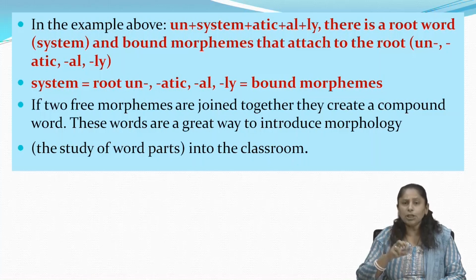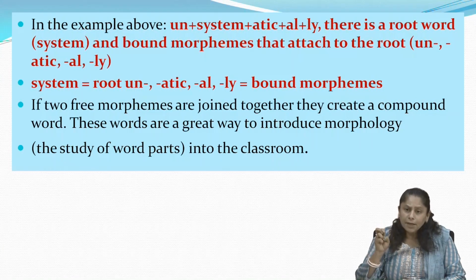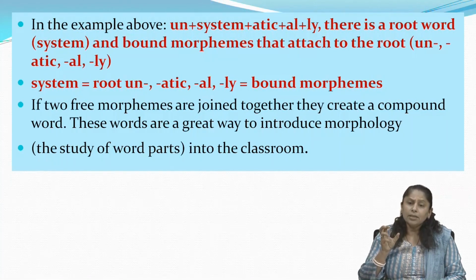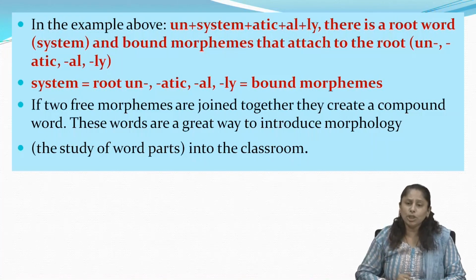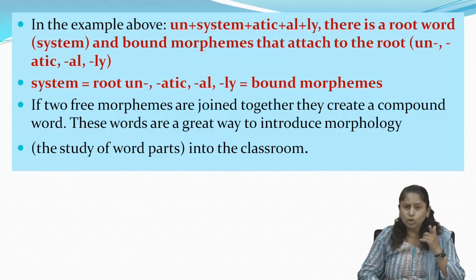Now the combination of prefix and suffix created the new word, unsystematically, and it becomes a bound morpheme. Bound morphemes means two or three suffixes and prefixes are together, attached with the main word, the base word, and that is why a new word is created. If two or three morphemes are joined together, they create a compound word.